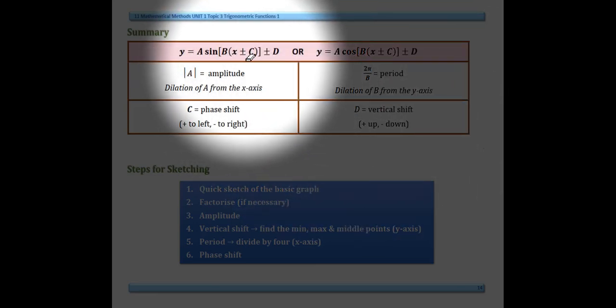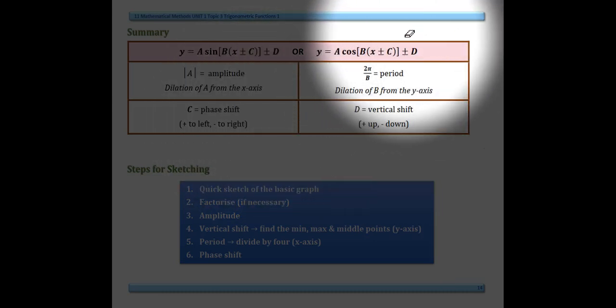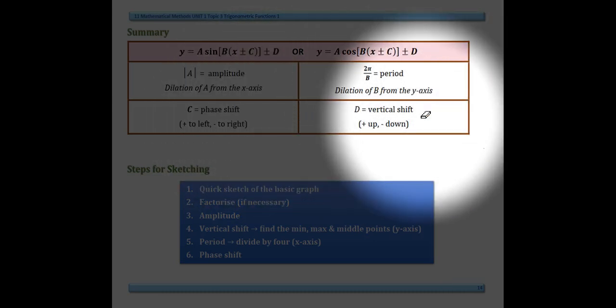Our plus or minus C here is our phase shift. If it's positive, it's going to move to the left. Negative, it moves to the right. Remembering your phase shift is the same as a horizontal translation. Then we have the plus or minus D at the end. That is our vertical shift. Positive moves up, negative moves down.